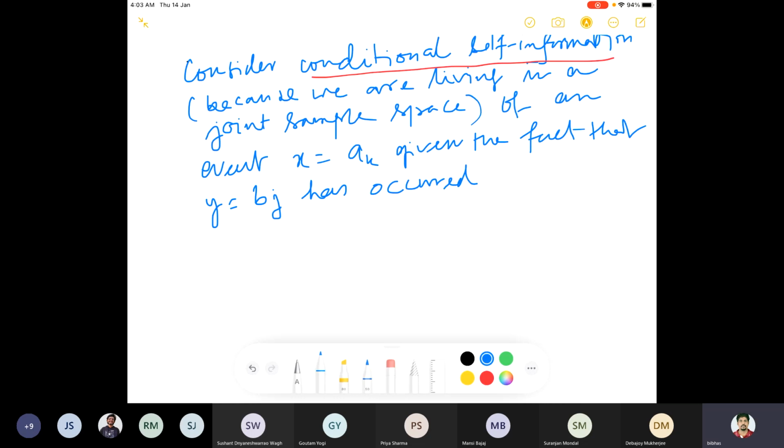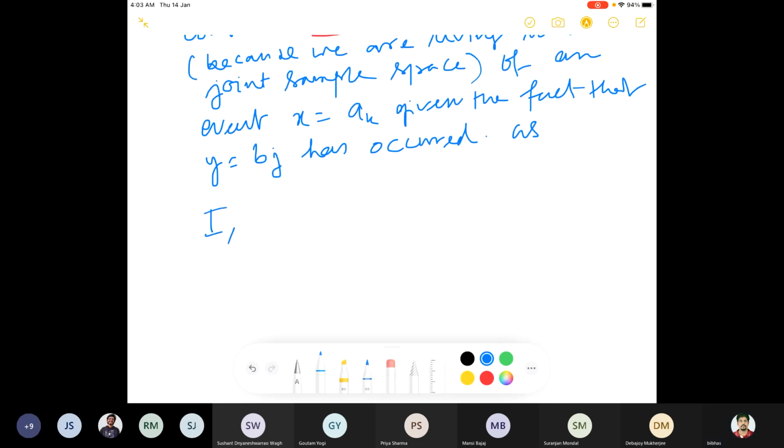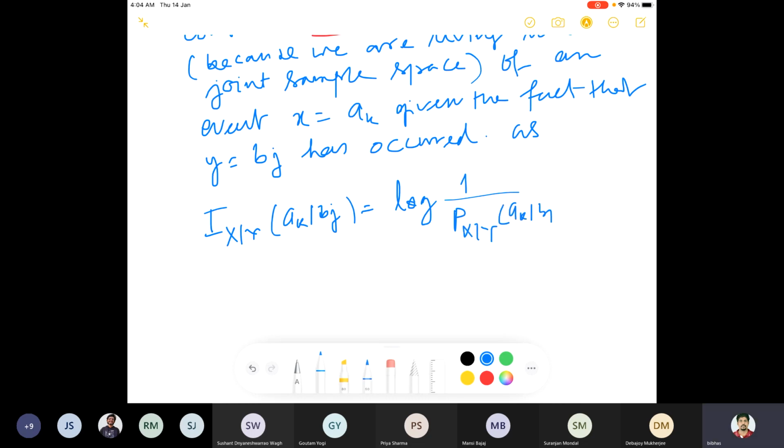So what I'm trying to define is I of x given y, that is, ak given bj. This must be equal to log of 1 by probability of x given y, ak given bj.